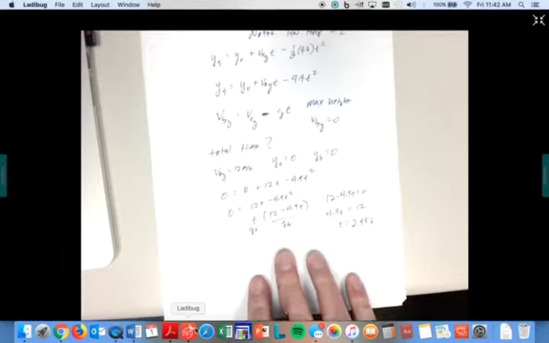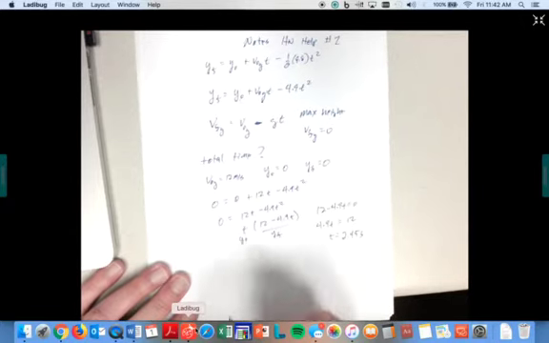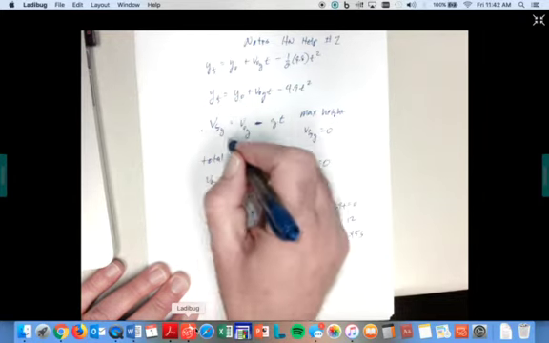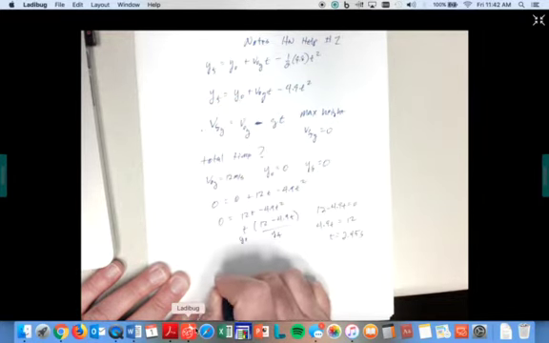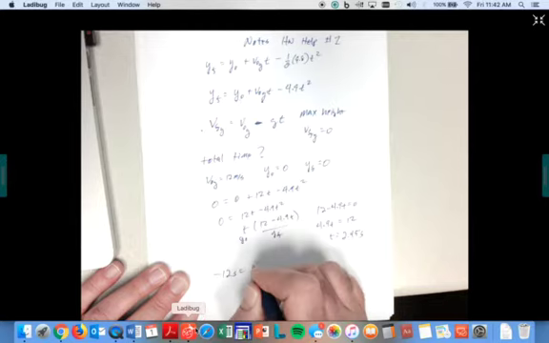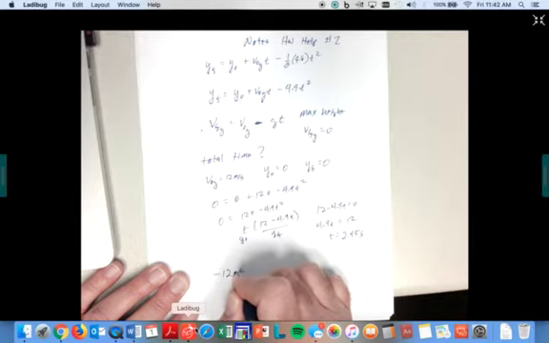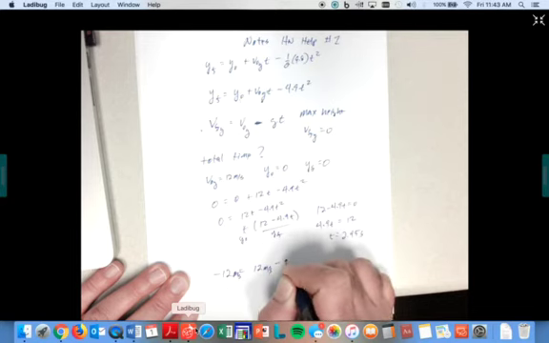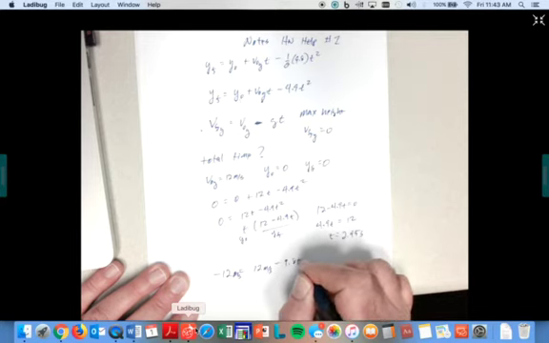The second way to solve it is to use this equation, where negative 12 meters per second is equal to positive 12 meters per second minus 9.8 times t.